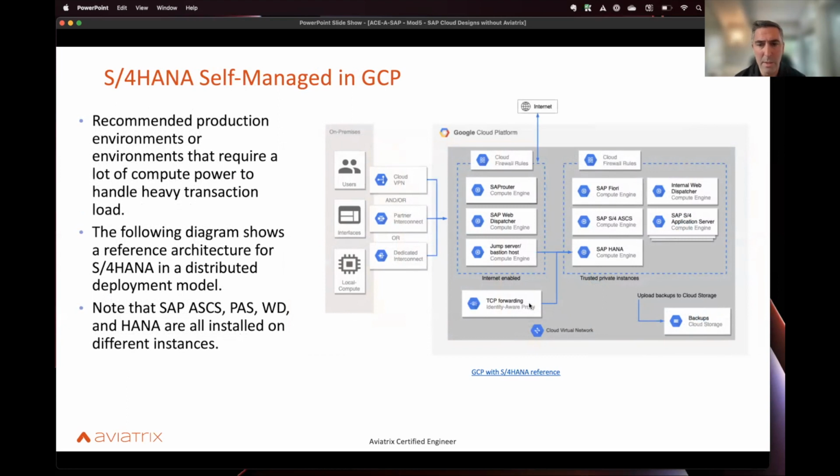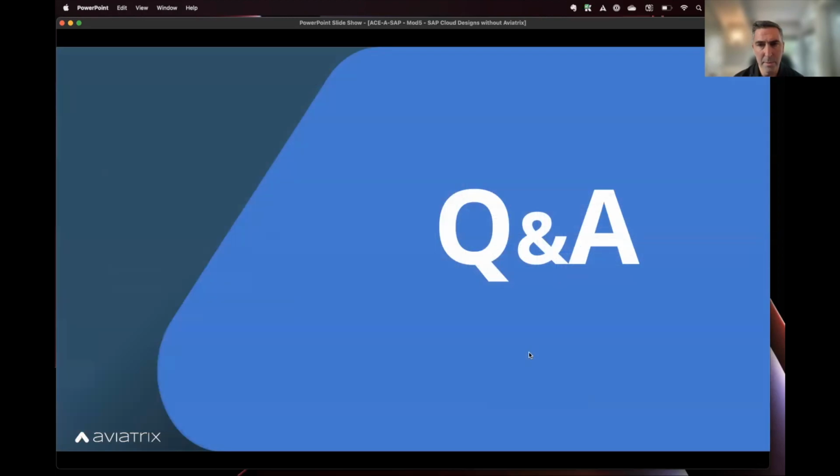You have your internet-enabled portions here. But you'll notice that HANA, SAP ASCS, and the primary application server are all installed on different instances. They're not collapsed. Each of these are discrete systems as well. And for completeness, I also included the S/4HANA reference for GCP.